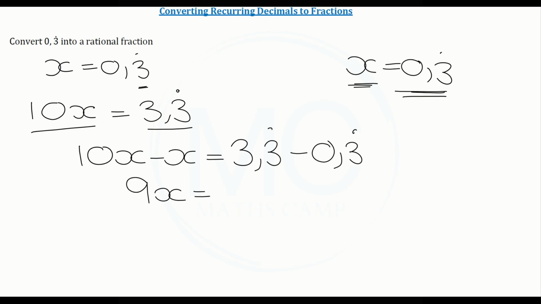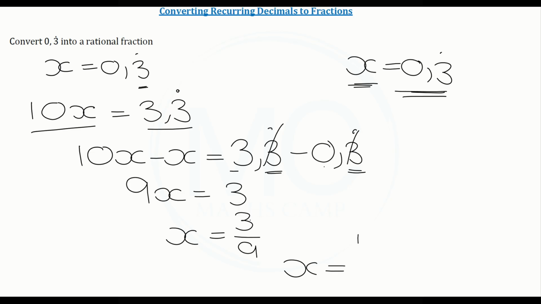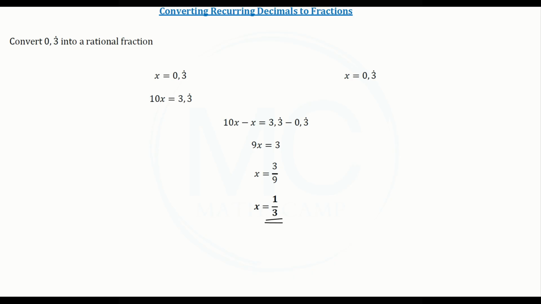On the right-hand side, we have got 3 recurring over here and 3 recurring over here. These values will cancel out, and we're left with our whole numbers. 3 minus 0 gives us 3. And now we can solve for x. So let's divide both sides by 9, and we say x is equal to 3 over 9. Remember to always leave your fraction in simplest form. 3 and 9 are both divisible by 3, and we see that x is equal to 1 over 3. This is the fractional format of our recurring decimal.